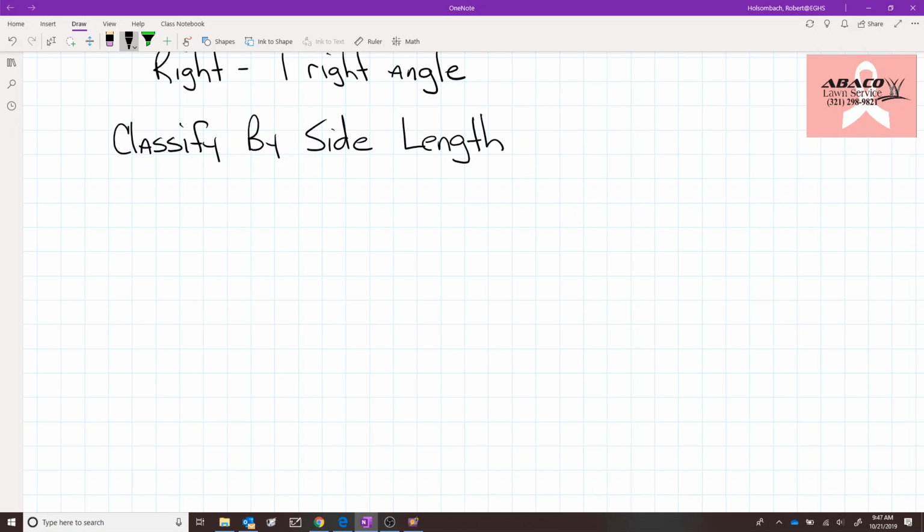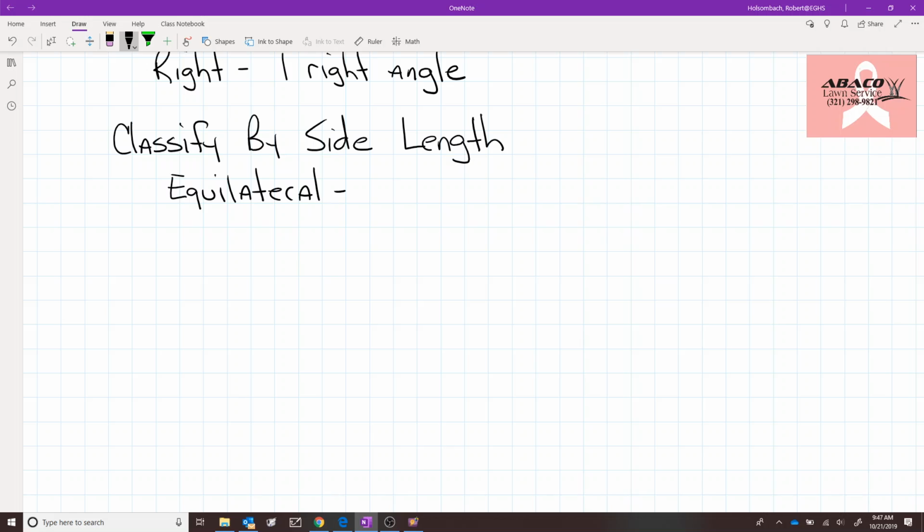And when you're classifying by side length, the first type of triangle is an equilateral. Equilateral means equal sides. Alright? Equal for equal, lateral for side. Side to side movement is lateral movement.